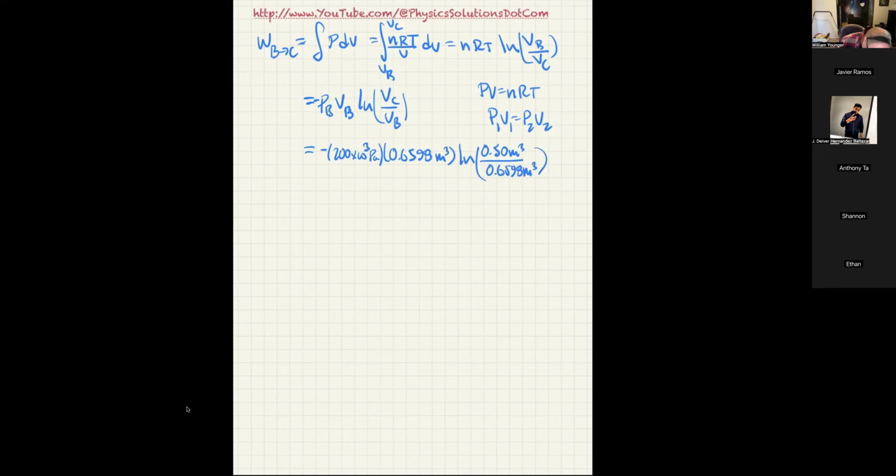So I can take the natural log of 0.5 divided by 0.6598 in parentheses. That gives me a negative number, which is going to make this a positive. And then I'm going to multiply that by 0.6598 times 200 times 10 to the third.